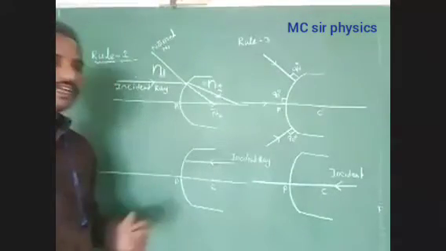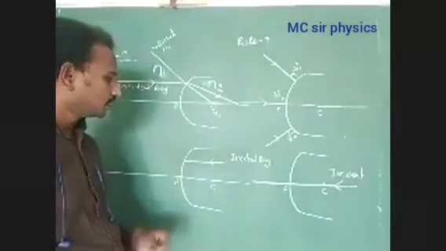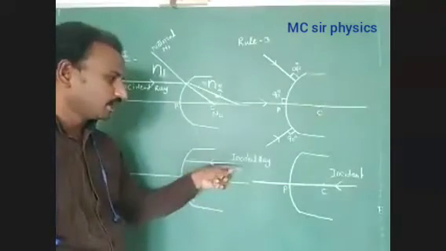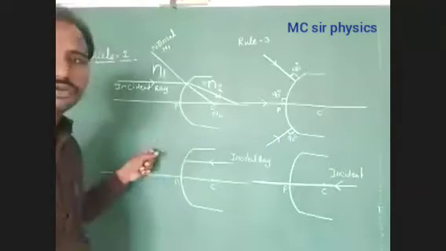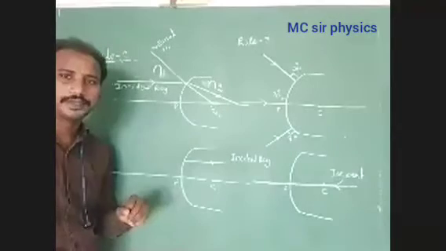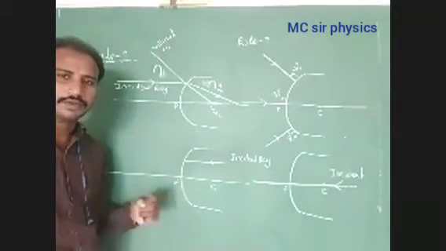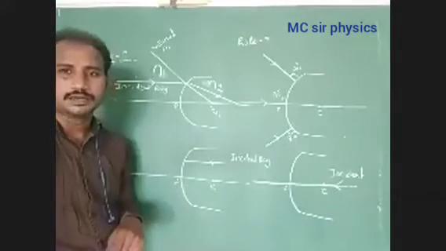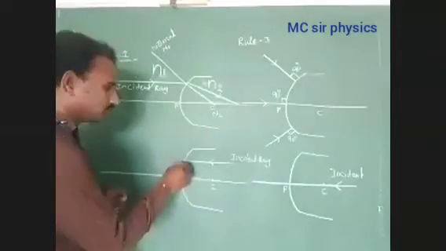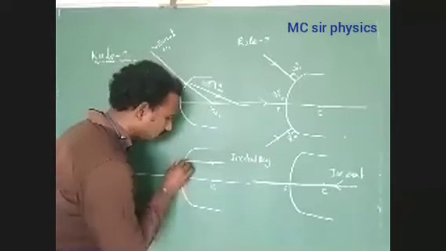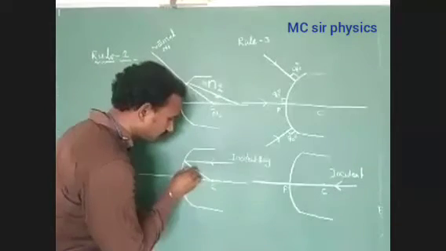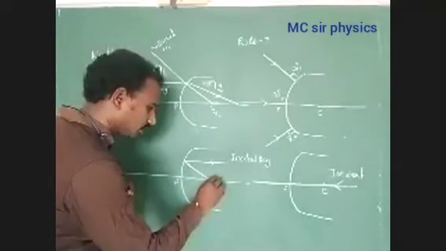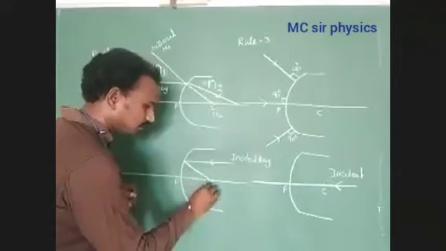The refracted light ray bends towards the normal. Next, the second condition we have to identify. Here, we have to consider the direction of the light ray from denser optical medium to rarer optical medium. Then we have to represent one normal. The normal is always perpendicular at the point of incidence. Just identify: this normal is passing through the center of curvature N1.